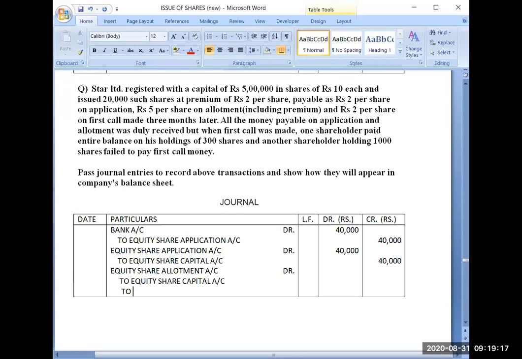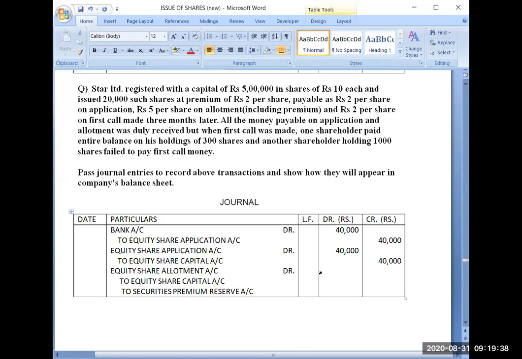You have to do a lot of practice for this chapter, otherwise it will always confuse you. So general entry is clear.